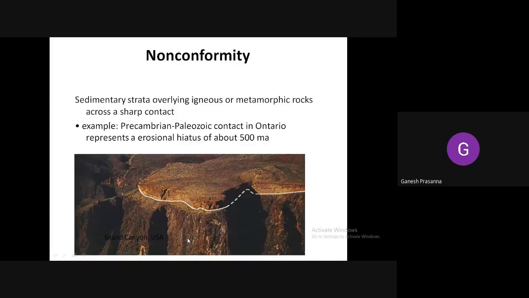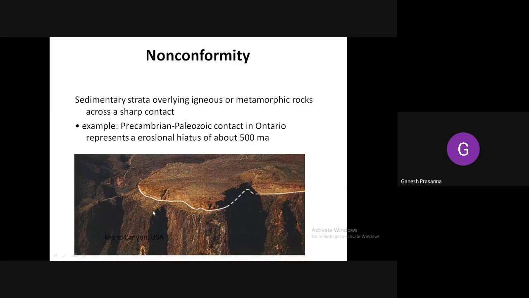Here, the bottom or basement comprises either igneous or metamorphic rocks, or even a sedimentary rock. If sedimentary rock occupies the bottommost part, then the topmost part will be overlain by either igneous or metamorphic rocks.